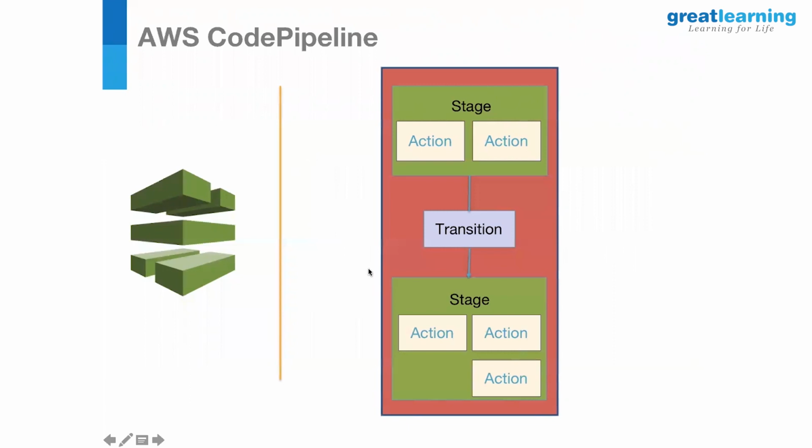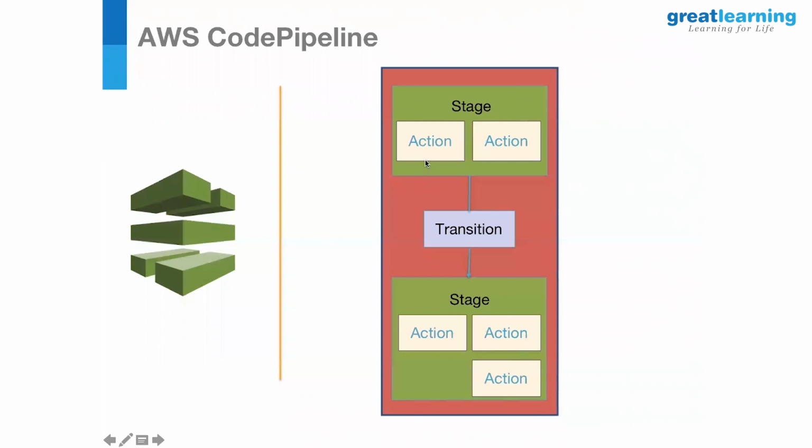These are very important things which you'll be seeing in the lab session as well today. Three things: stage, action, and transition. Okay, what is a stage? The pipeline can contain multiple stages. If you're in an organization, you can have multiple stages such as source, build, test, staging, and production.